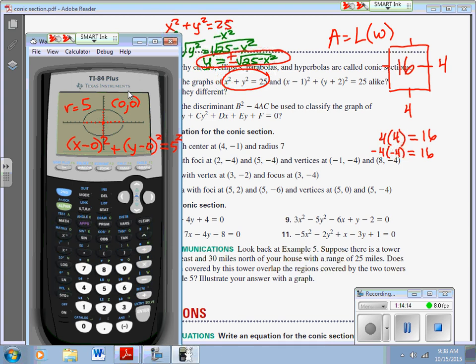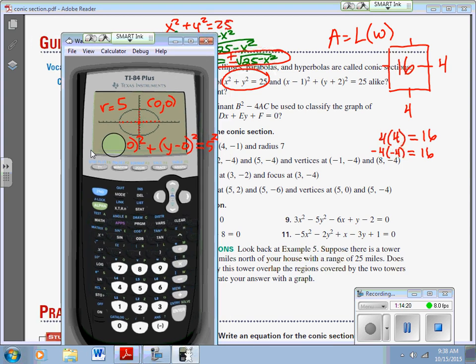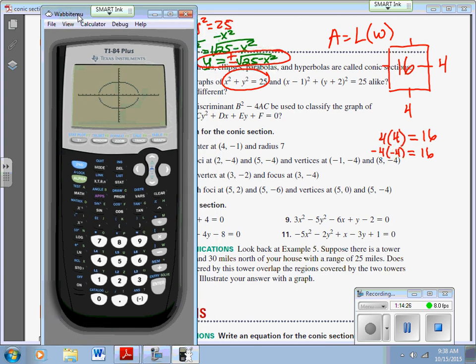Okay. Now there are going to be some cool functions on these calculators that we're going to be able to use. Right? Everybody okay with the graph of our circle? Yeah.